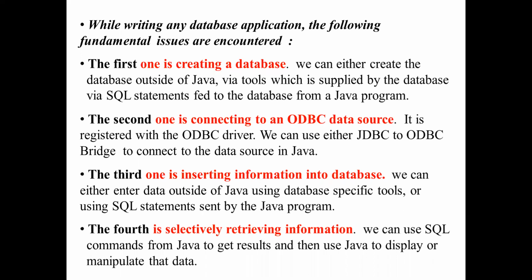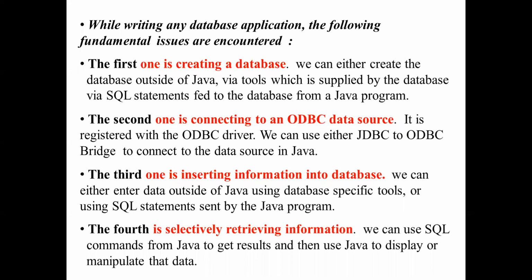The second concept is connecting. Connecting means an interaction between the front end and the back end, that is, the front Java application and the back end database. So the second one is connecting to an ODBC, that is, an Open Database Connectivity data source.